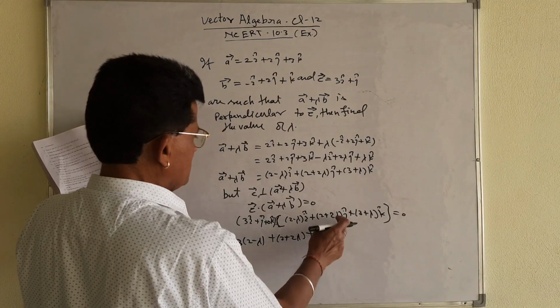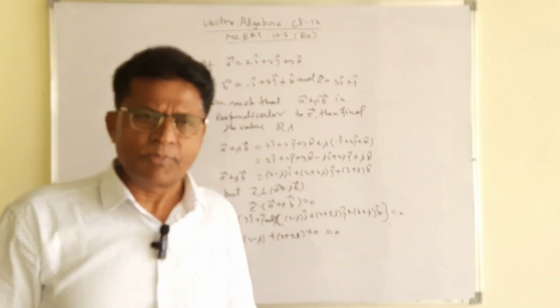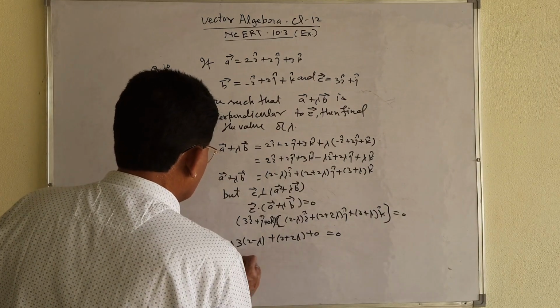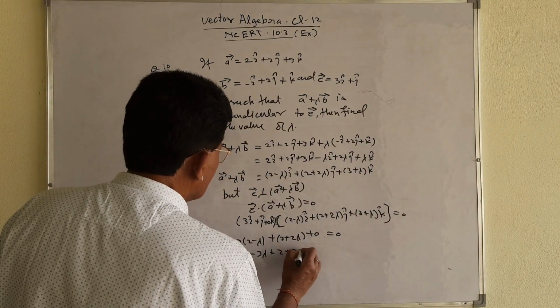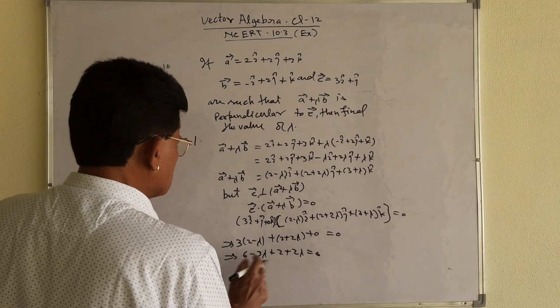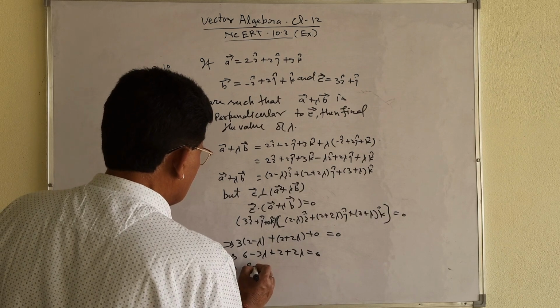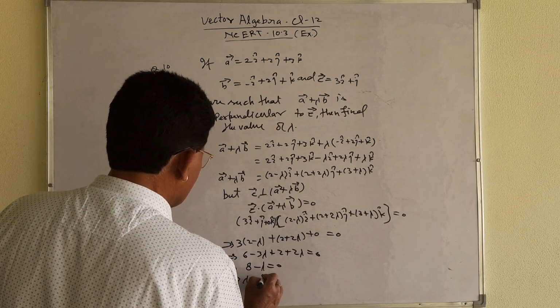It will be equal to 0 क्योंकि यहां तो 0 है. 0 into scalar component of k will be 0. Okay. You multiply it by: 6 minus 3 lambda plus 2 plus 2 lambda. It will be equal to 0. Minus lambda minus 3 lambda plus 2 lambda, and 6 plus 2 is 8, and minus lambda, it will be equal to 0. My dear student, lambda will be equal to 8.